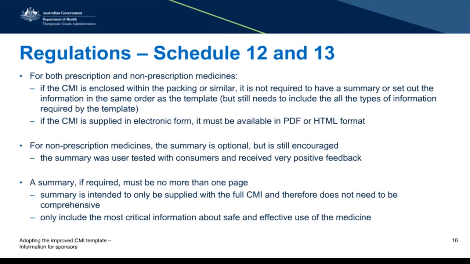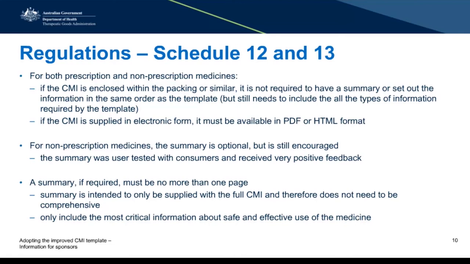Now, in saying that it needs to include all the types of information required by the template, that's the same as the previous regulatory requirements. So we understood that the regulatory burden of trying to radically change or alter your CMI that is being inserted into packets, if that's part of a regulatory requirement that the TGA or as part of your RMP or any of those other requirements, was probably too difficult given the size constraints and the practical constraints of inserting a large piece of paper into what's a relatively small packet of medicine.